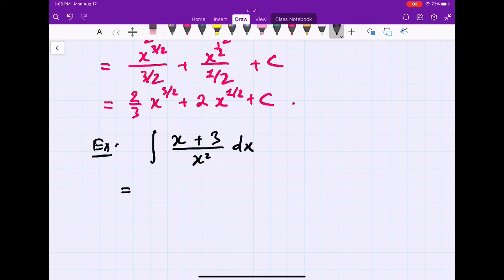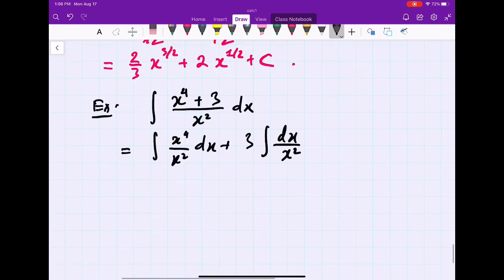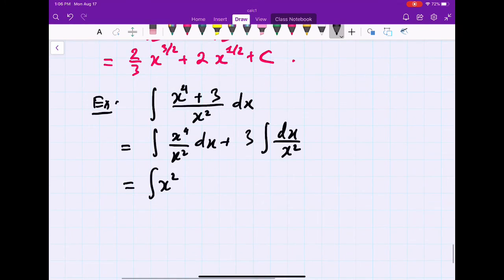Okay, that is okay, sorry. I have x cubed over x squared dx plus 3 dx over x squared. So basically you have the integral of x squared dx plus 3 x to negative 2 dx.